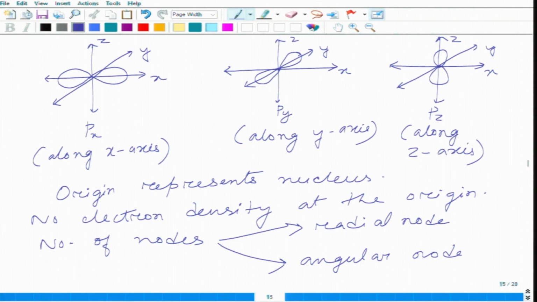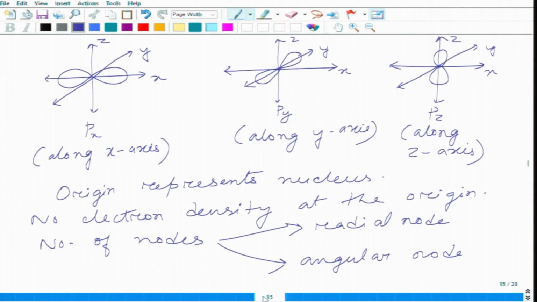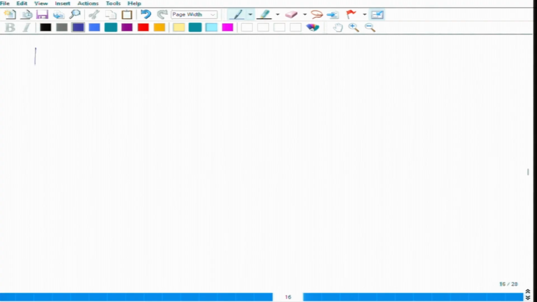But in the case of p orbitals, there can be 2 types of nodes. So, angular nodes. What are angular nodes? Let's say Px is along the x-axis, right? Px is along the x-axis.